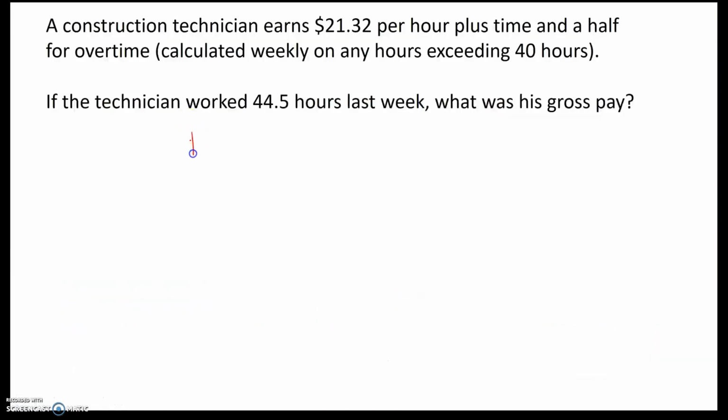To solve this problem, we need to know that pay equals your rate of pay times the hours worked. Or you can also write this equation in the other order. Pay equals your hours worked times your rate of pay.